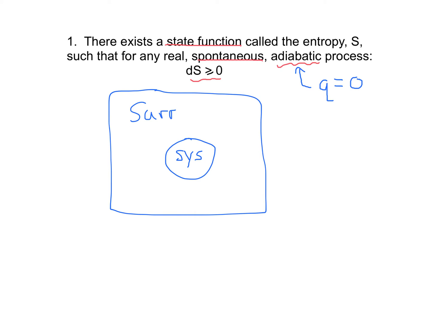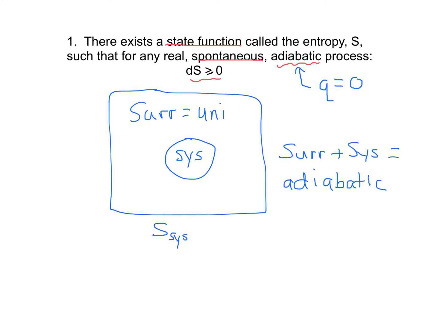If we consider the surroundings as the universe, then the system plus surroundings has to be adiabatic because there is no place for the universe to transfer energy in or out of. The entropy of the system plus the entropy of the surroundings is denoted as the total entropy.